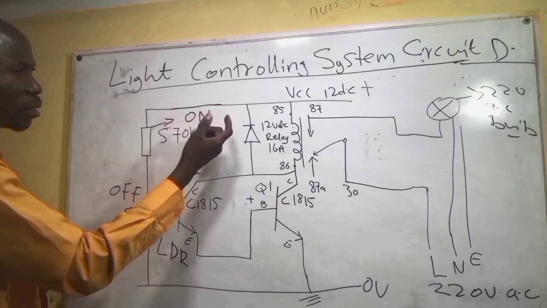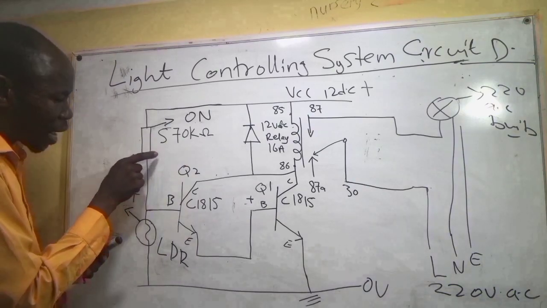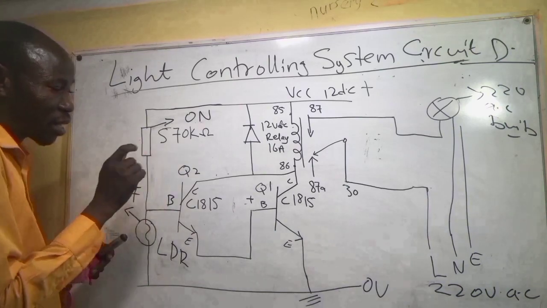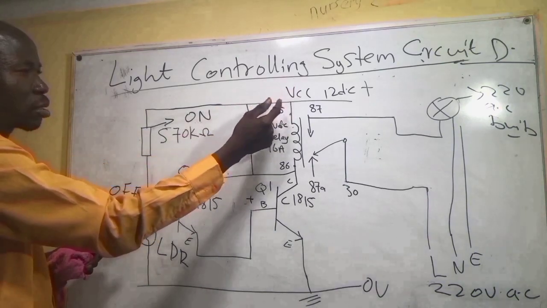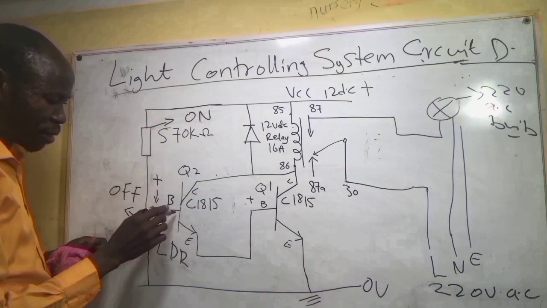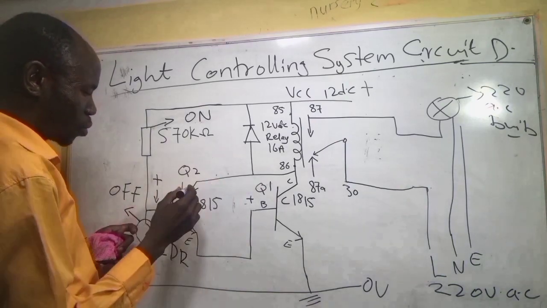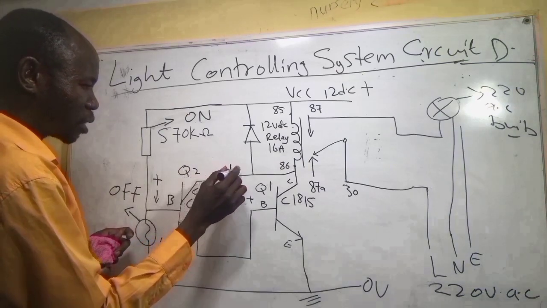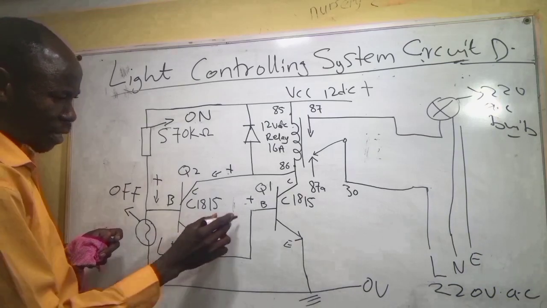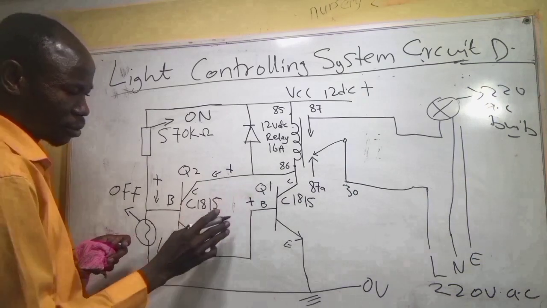It's receiving the positive voltage, the VCC, and as we all know, the resistor is reducing the flow of electric current, so it reduces the flow of the positive to the base here, and it will open the base and allow Q2 to bring the positive to the emitter here and send it to the base of Q1, you see.